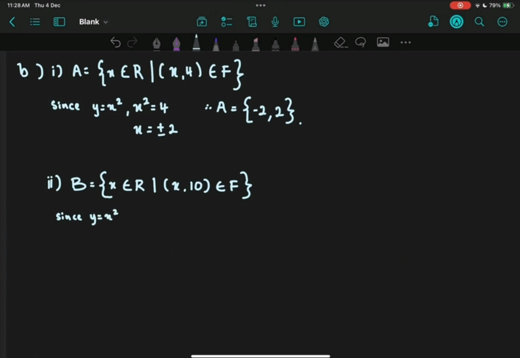When x squared equals 10, we just need to take the square root of both sides, and we will get x equals positive and negative square root of 10. So therefore, B will be equal to {negative square root of 10, square root of 10}.